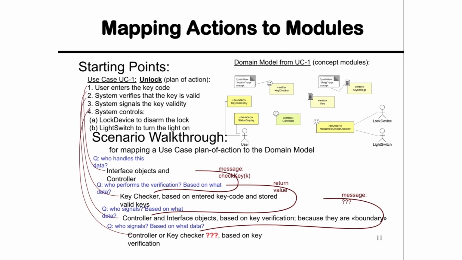This kind of questions are related to each of the actions presented as a sequence of actions in use case one. So you can ask a lot of questions. These are sample questions, but you can raise many questions in the phase of scenario walkthrough to come up with well articulated, well analyzed interaction information or metadata for modules identified during domain modeling, or for concept modules identified during the problem domain modeling phase.